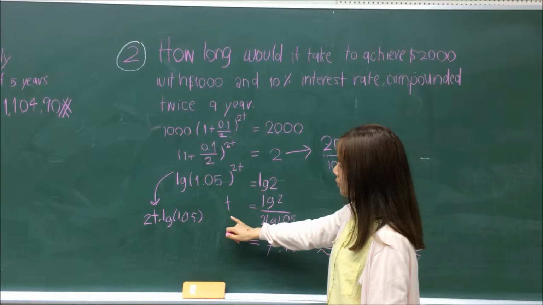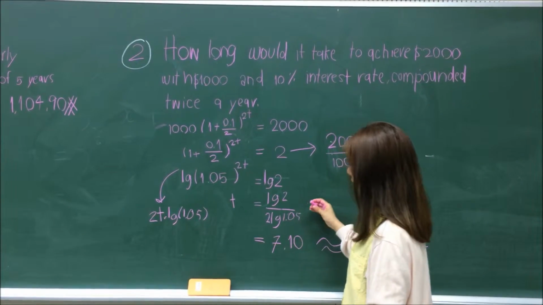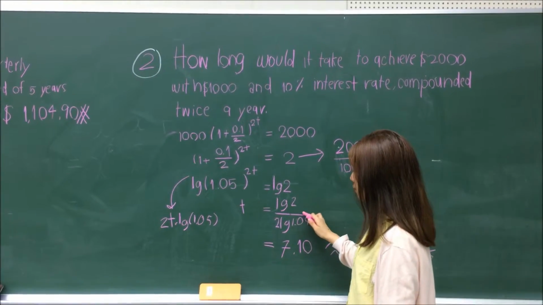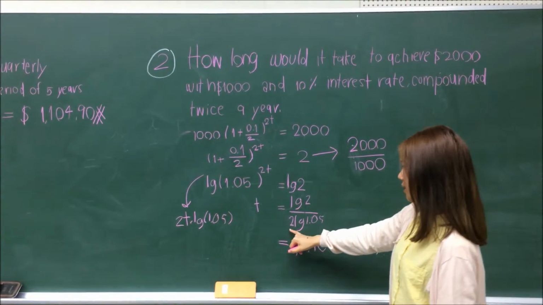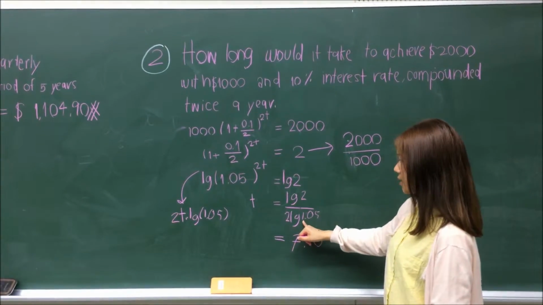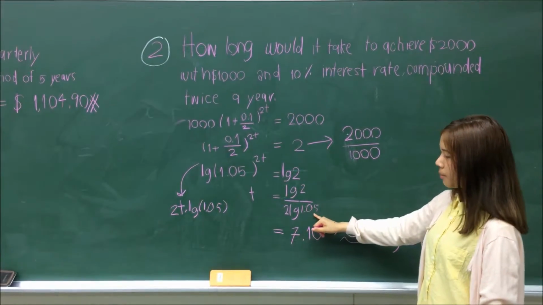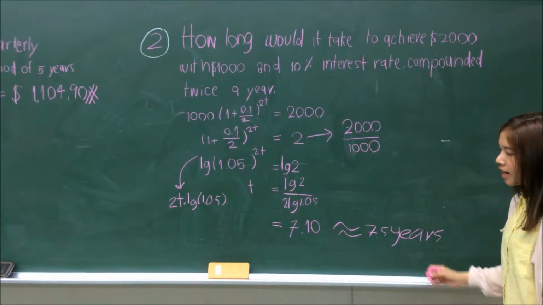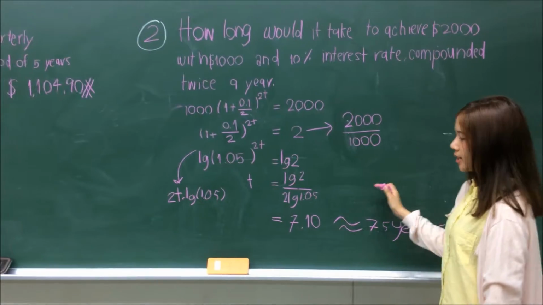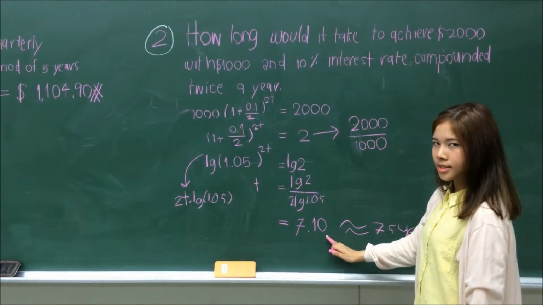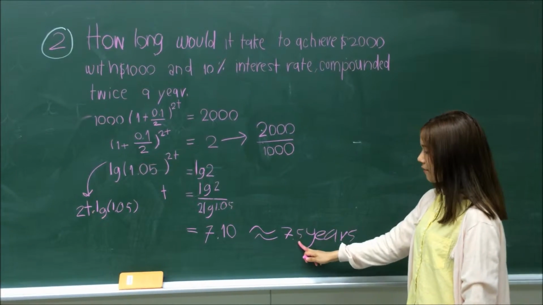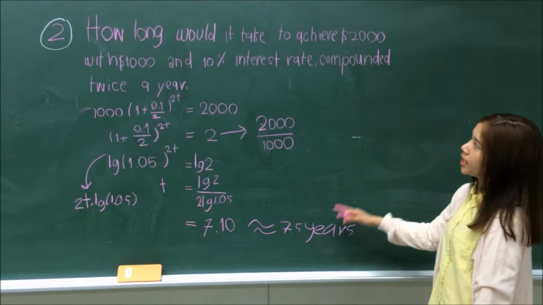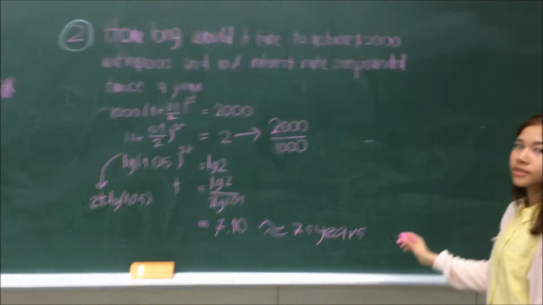After that, you will get T equals log 2 divided by 2 log 0.5. After calculating, you will get 7.10, or approximately 7.5 years, which you need to achieve 2,000.